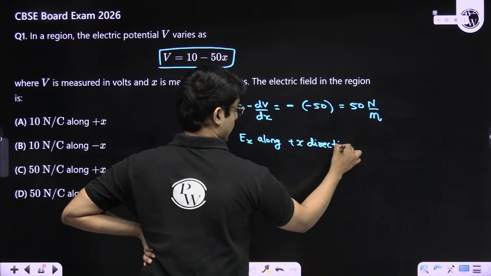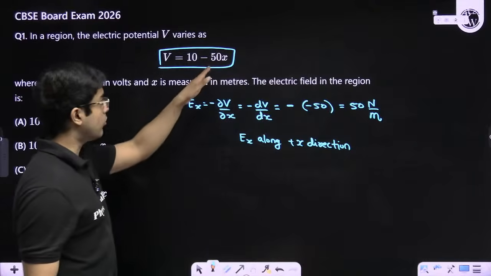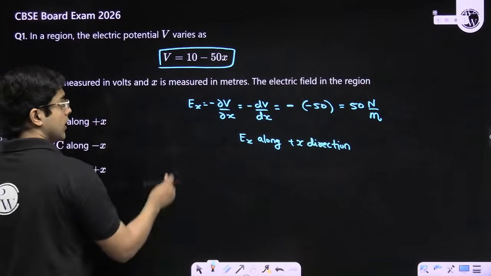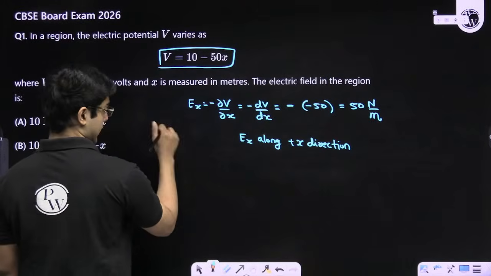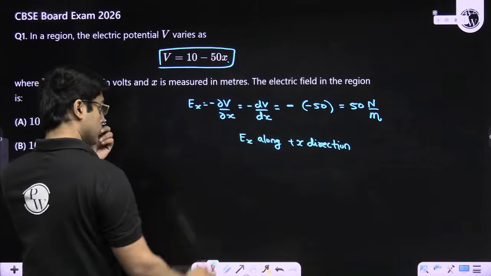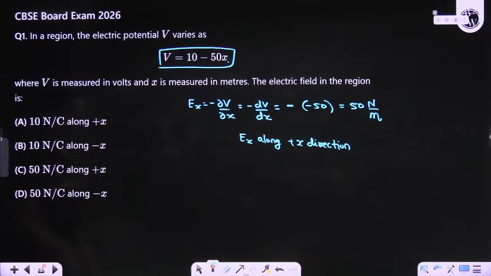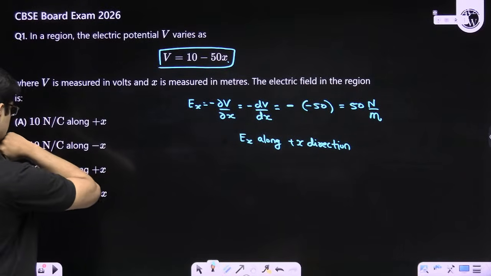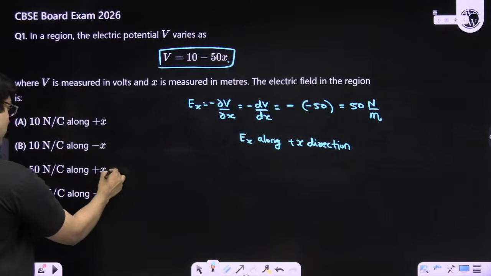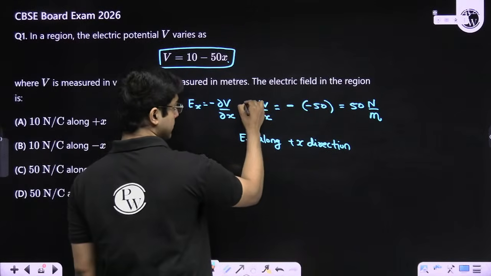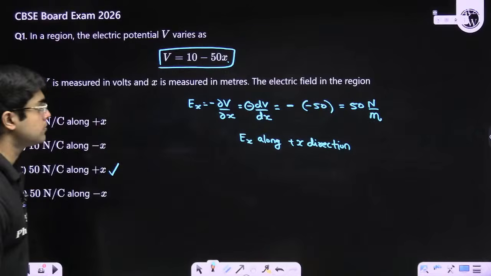If only x is there in the equation or only y is there in the equation, then electric field will only be in one direction. So here potential is along x, so electric field will also be along plus x. So the answer is 50 Newton per Coulomb along plus x. You have to be careful about this minus sign, do not forget about that.